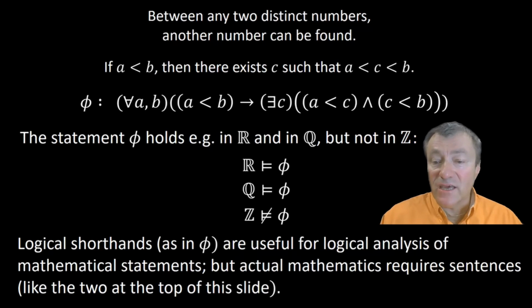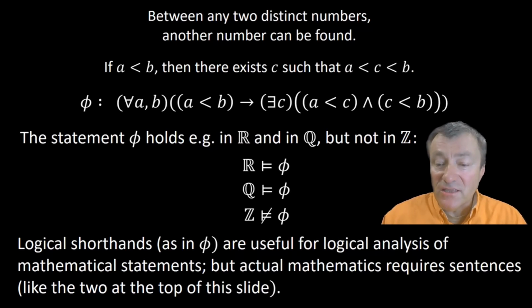Logical shorthands, like we used in writing down phi, are used for logical analysis to clarify what's going on in a mathematical statement at the very symbolic level. There's a reason you don't see these symbols used in analysis textbooks to formalize mathematical proofs.